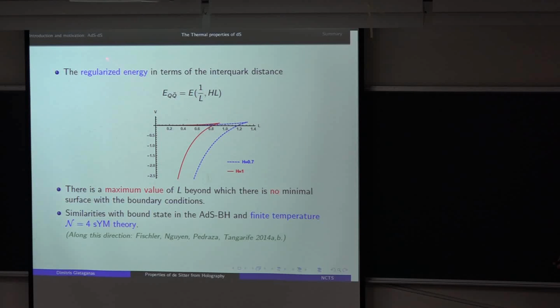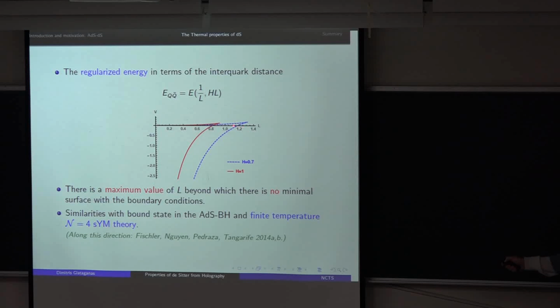So then, since I know the regularization scheme, I can compute the energy of this, and then I can have the potential of the QQ bar with the distance of the bound state. And you see that it becomes a utility state of this form. So this is where the dissociation happens.